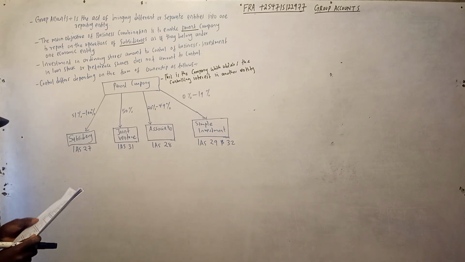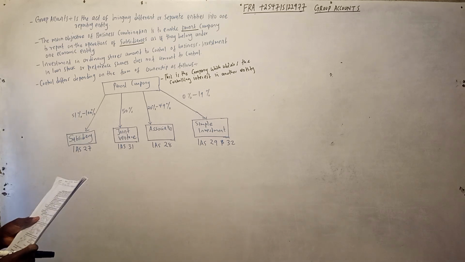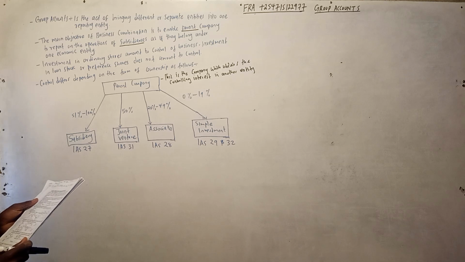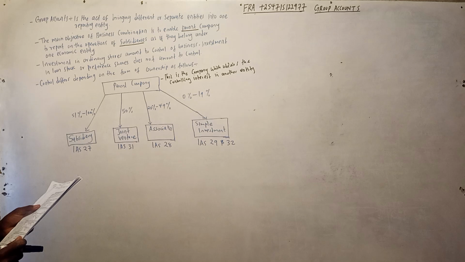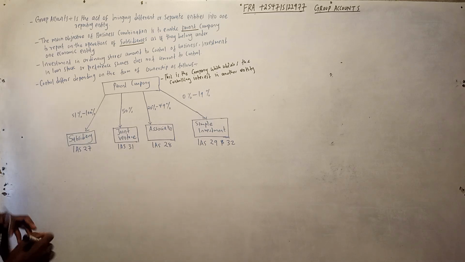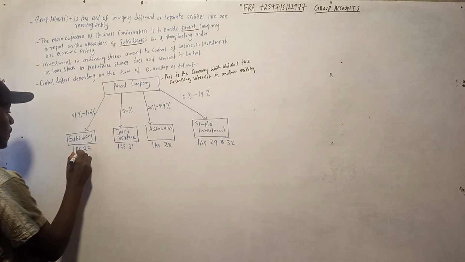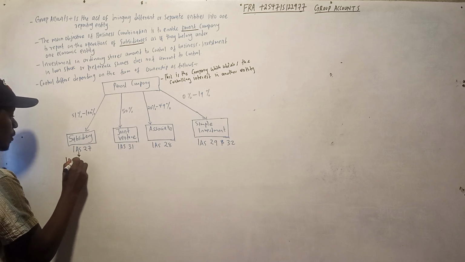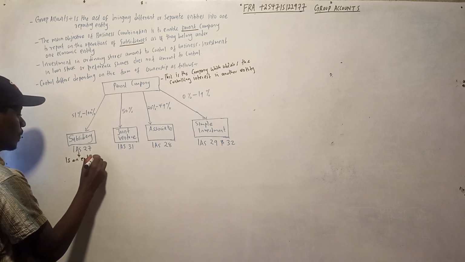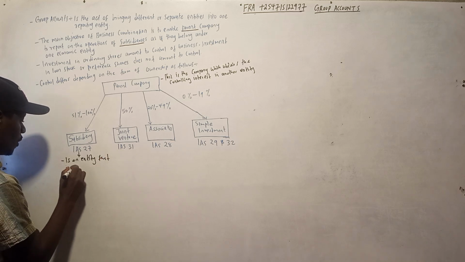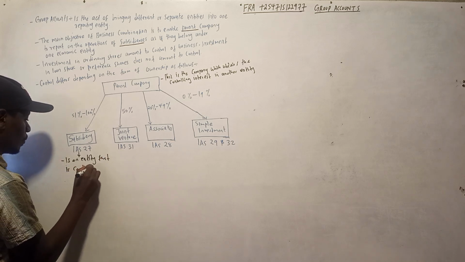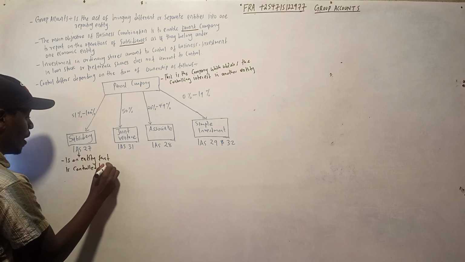We can also talk about what a subsidiary company is. We say a subsidiary is an entity that is controlled by another entity.